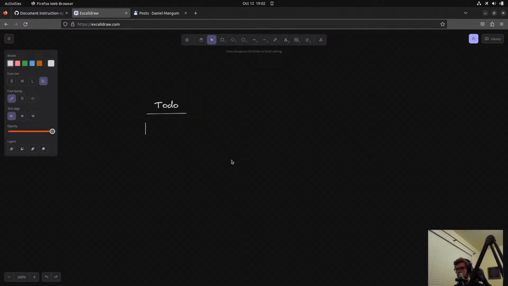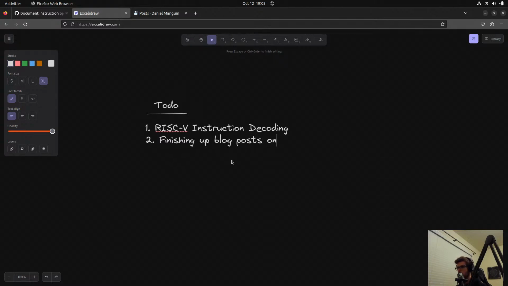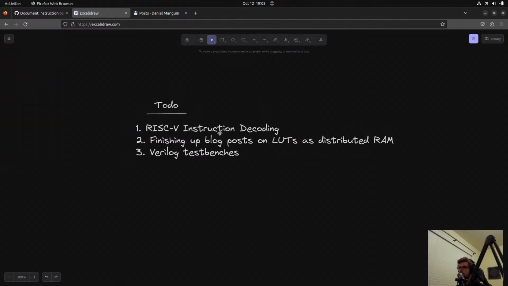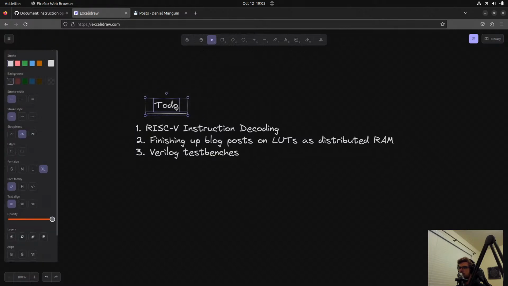So I mentioned 1 is RISC-V instruction decoding. 2, finishing up blog posts on lookup tables as distributed RAM. 3 is I wanted to work on some Verilog test benches. Might not get to that today. But I think those are probably the top ones.